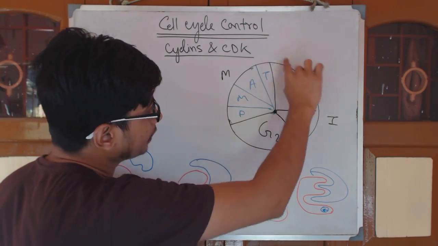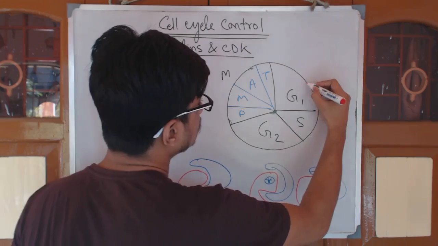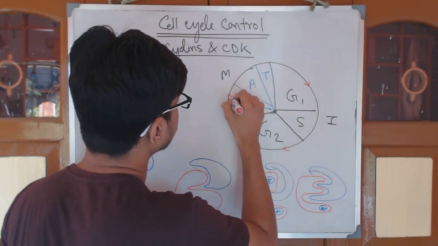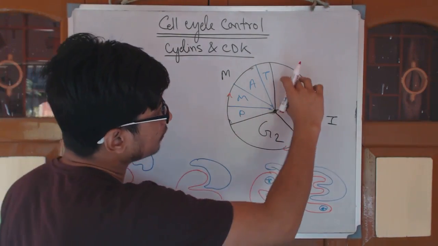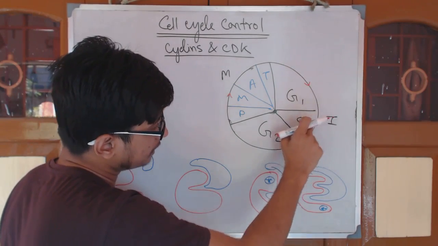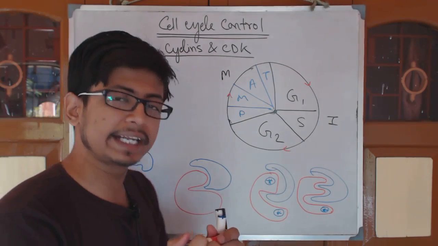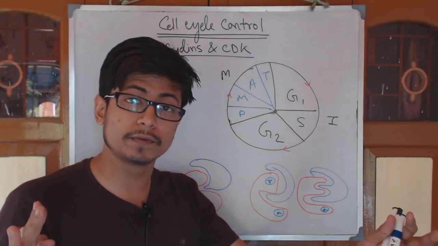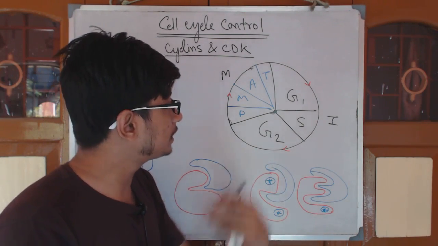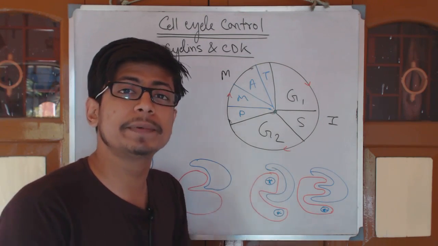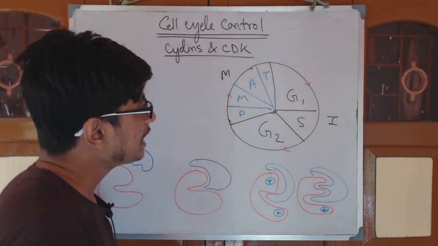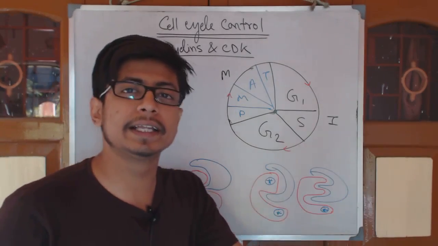If you look here, it moves in this direction, if I put the arrows, in a clockwise manner. It starts from G1, goes to S, then G2, and so on. In the G1 phase, they check whether the cell has attained proper cytoplasmic content and is ready to divide, whether the cell has all the enzymes for the replication of the DNA. In the S phase, they replicate the DNA.